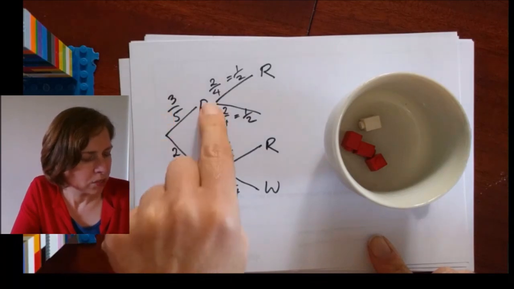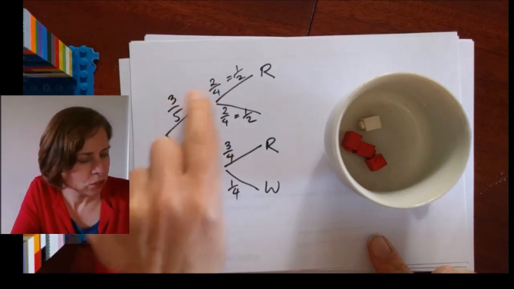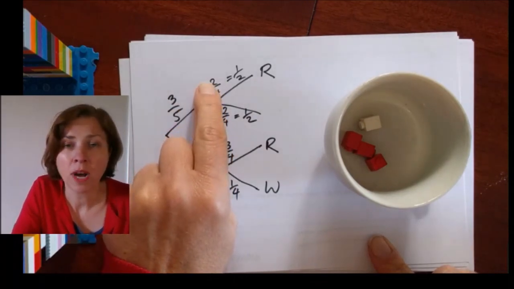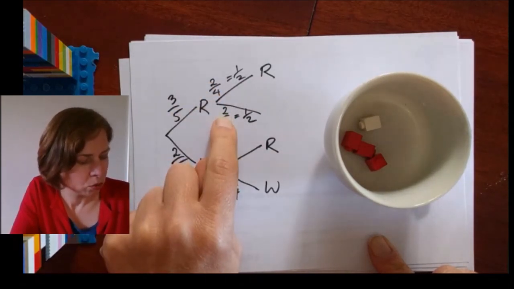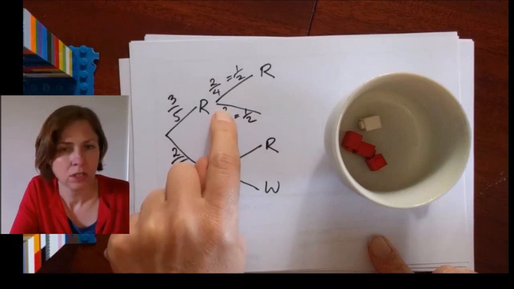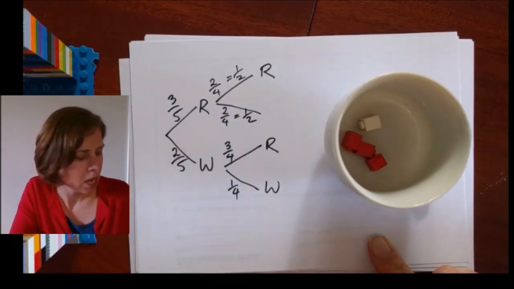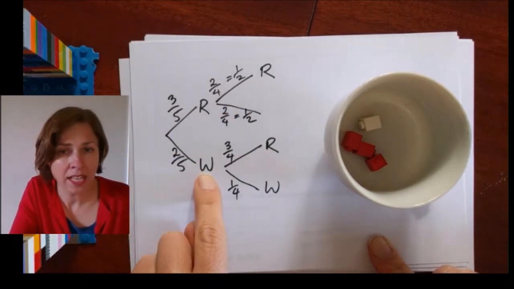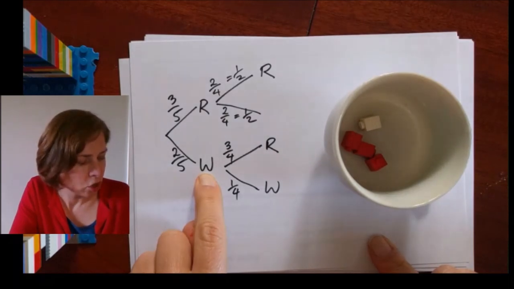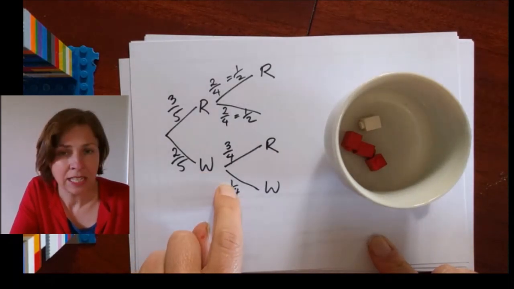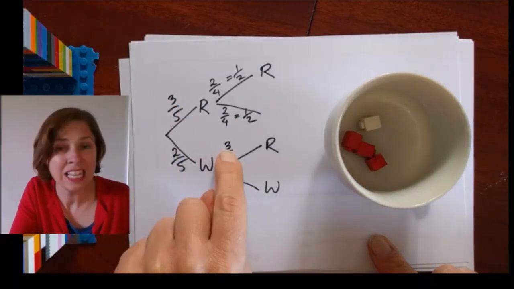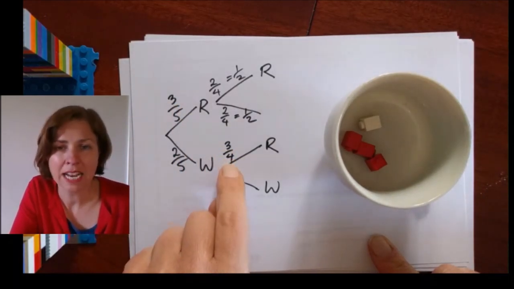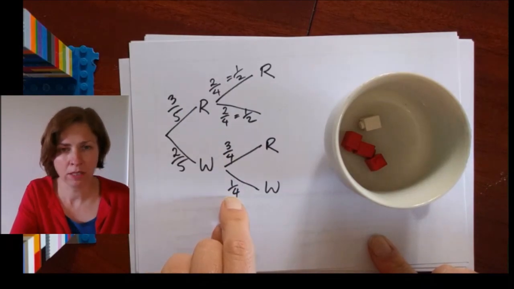And then because I pulled out red the first time, my numerator also decreased by 1 for red, but white didn't change at all. White 2, white 2. Right? Going down here, I pulled out white the first time, so my white numerator has decreased by 1, but the red has not changed from the original number in the numerator. The denominators have decreased by 1.